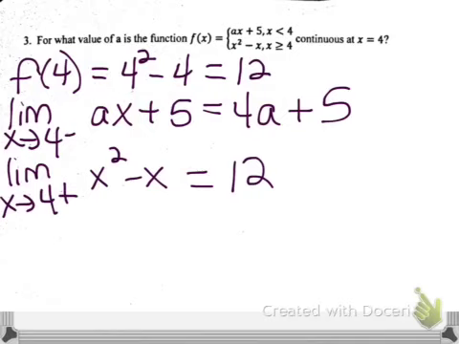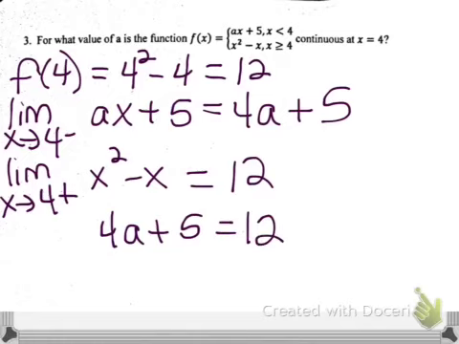So therefore, in order to be continuous, what must be true? 4a plus 5 would have to equal 12. Now you could solve for a, subtract 5, divide by 4, and I get a to be 7/4. So to be continuous at 4, a would have to be 7/4 in order to make the limit equal the function value.